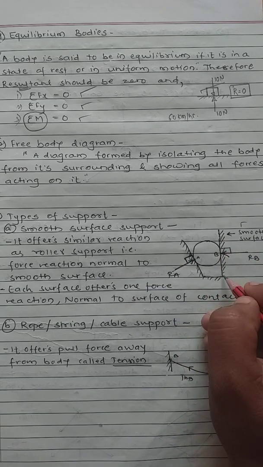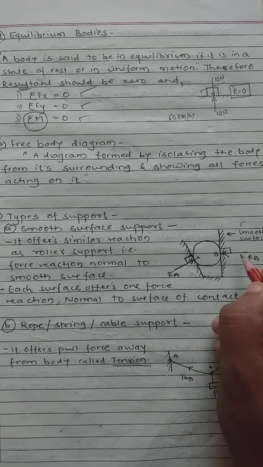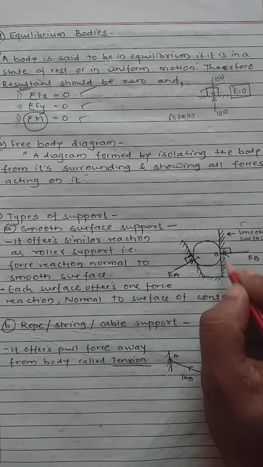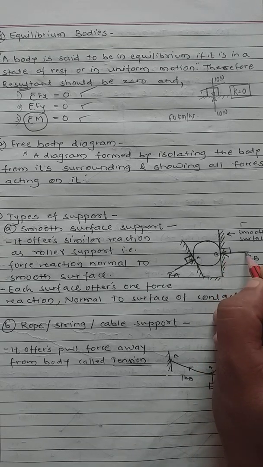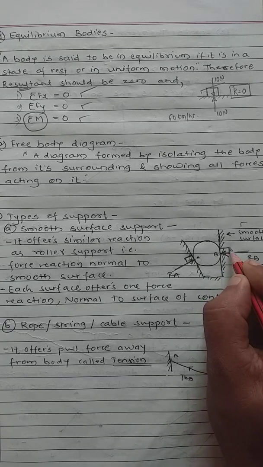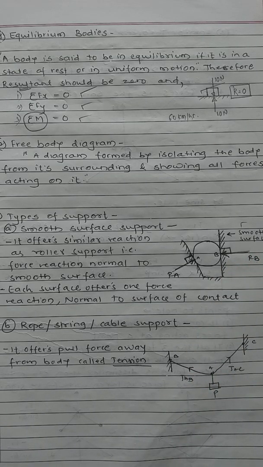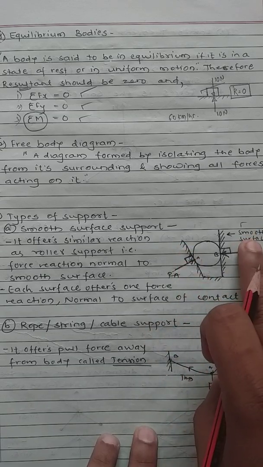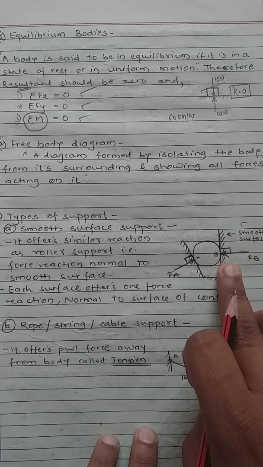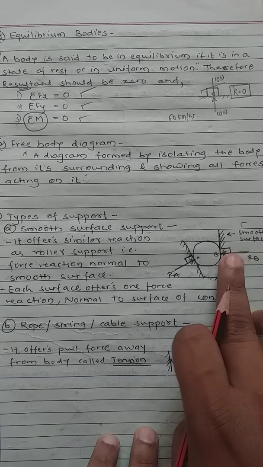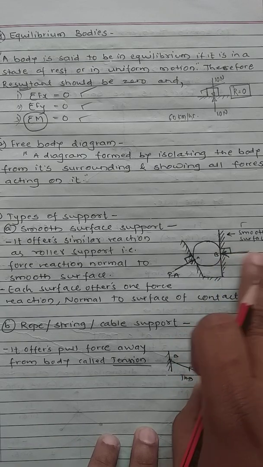Similarly, there is a smooth surface and the body is connected at point B, so the reaction force RB, R is the reaction and B is the point at which the body is connected. RB is exactly perpendicular to this; as the surface is vertical, this will be exactly horizontal. The angle made between these two will be 90 degree. So important: if there is a smooth surface like this, we consider the reaction normal to the smooth surface.